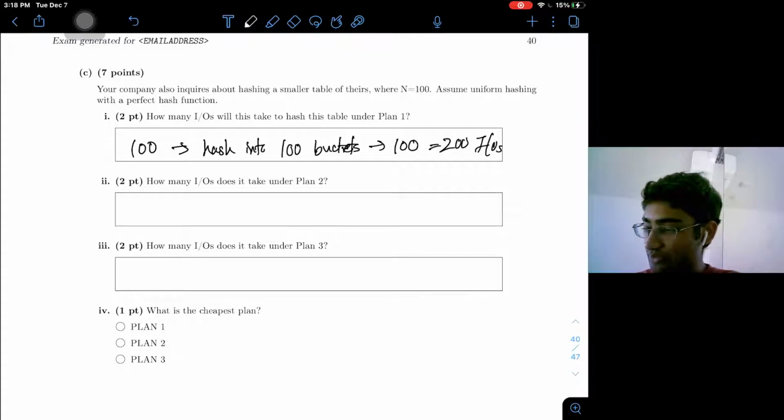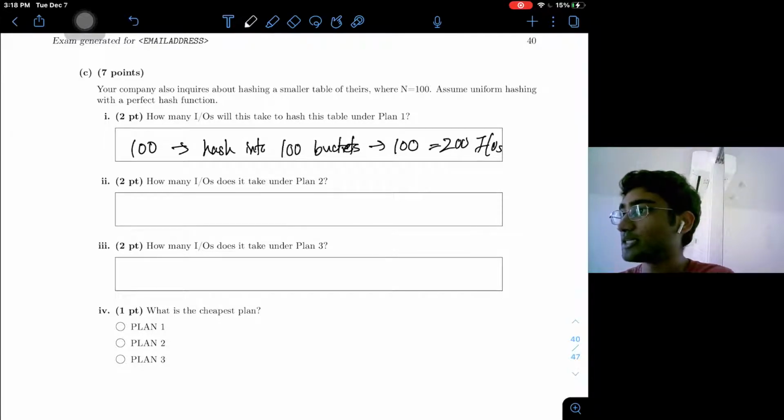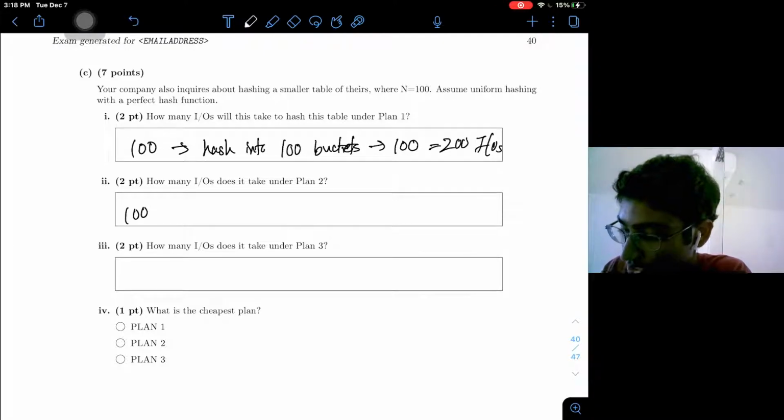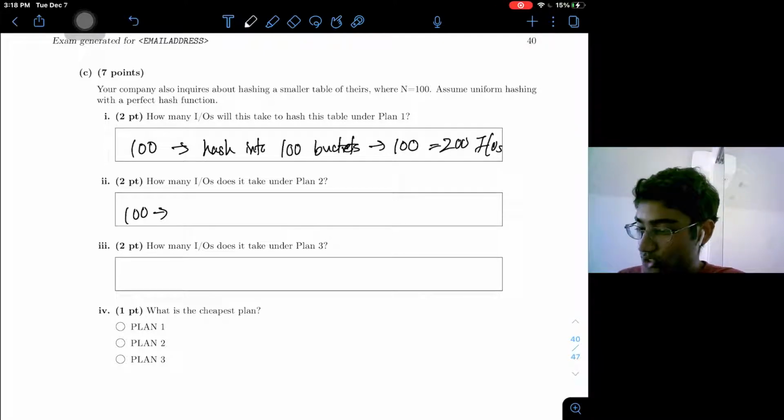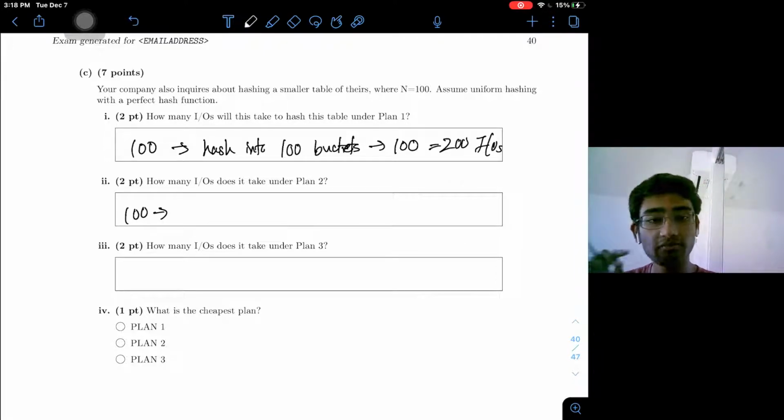So for plan 2, we read in the 100 pages. And again, remember there are 2 phases. In part I, we were able to skip the first phase and go directly to the second phase. The first phase is the partitioning phase, so we get each of the partitions to be small enough to fit within memory.